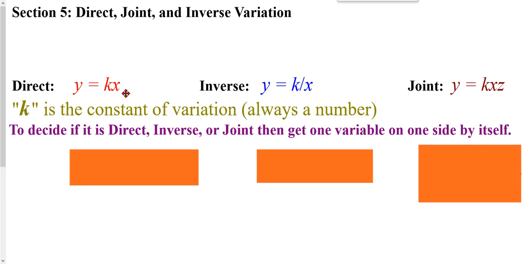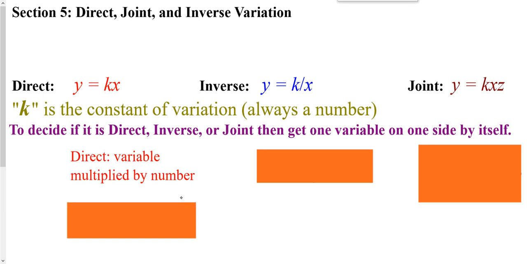We also have joint variation. Joint is a direct variation, so it's like y equals kx, but instead of just having an x over there, you have more than one variable. So another way to look at it is with direct, you're always having a variable multiplied by a number, and that number would be your constant of variation.